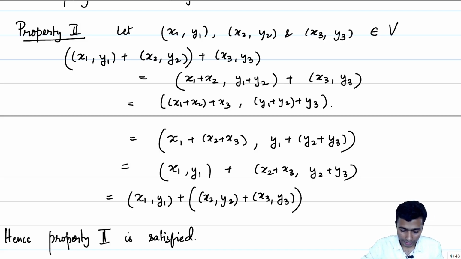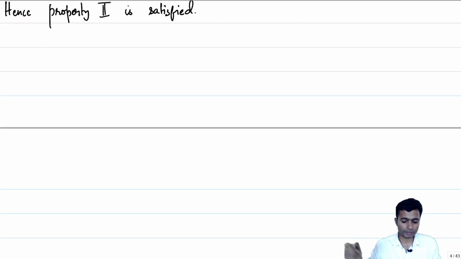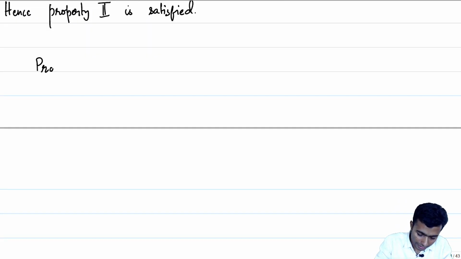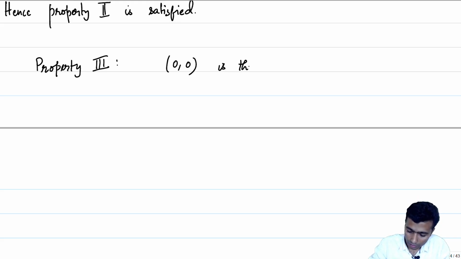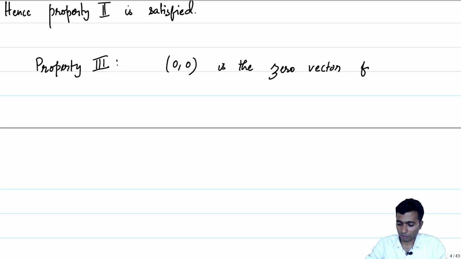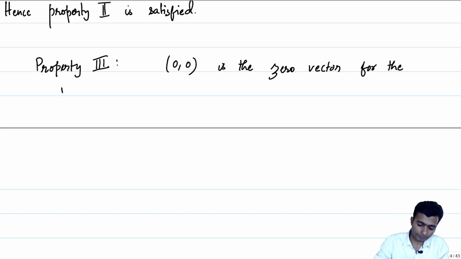So what was property 3? Property 3 talked about the additive identity, the existence of a 0 vector. So my claim is 0, 0 is the 0 vector for the vector addition.